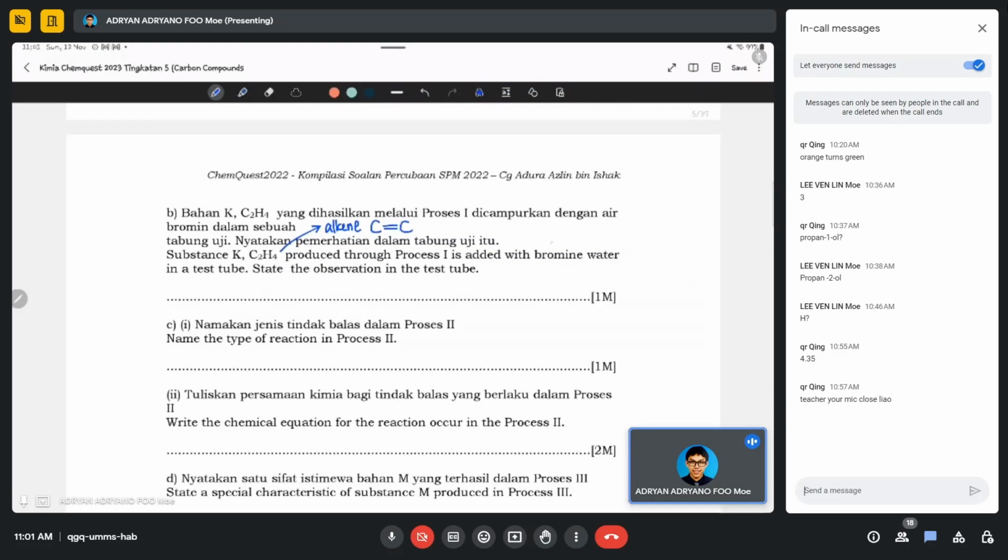So here it says it is added with bromine water, so this is a halogen, so this process is called halogenation. So what happened to the bromine? It is brown, and it will become decolorized, so the brown color is decolorized.